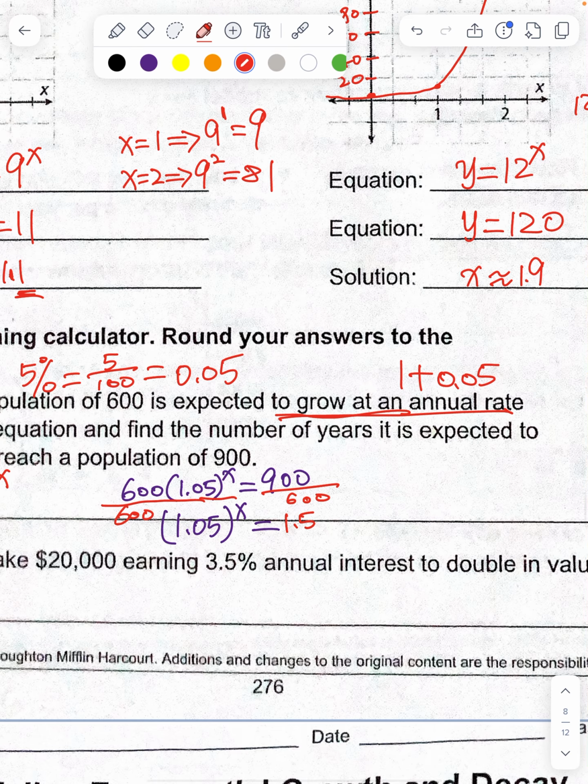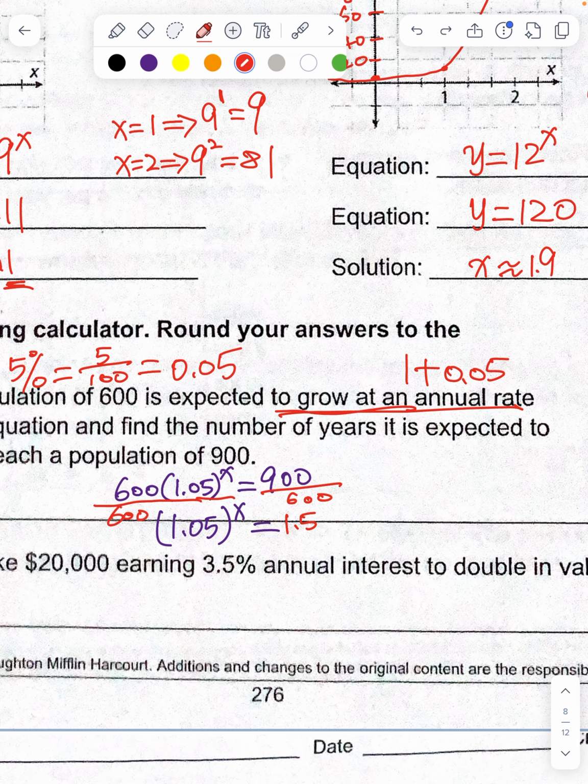At this point, you haven't learned the logarithm, the log function yet. If we learn the log function, we can figure out x right away. But we haven't. So we're going to try 1.05 times itself, how many times, to reach 1.5.